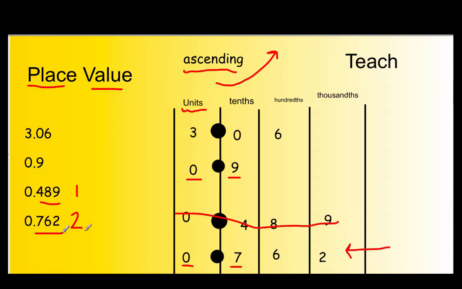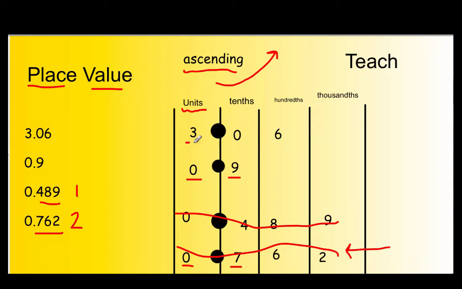So what's your next biggest number? Cross that off. We're left with these two numbers, aren't we? We've got 3.06 or 0.9. I wonder what the next biggest number is. Well, straight away, if it's ascending, we should be able to see that 0.9 is much smaller than 3.06.